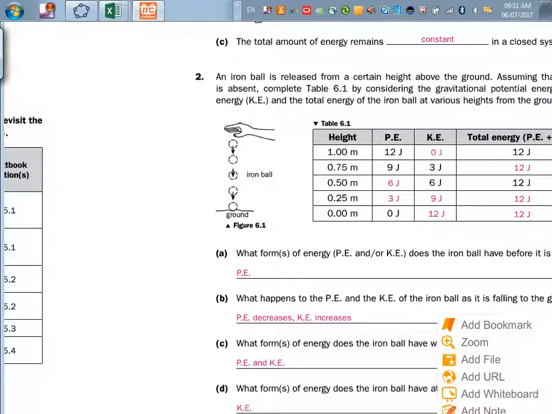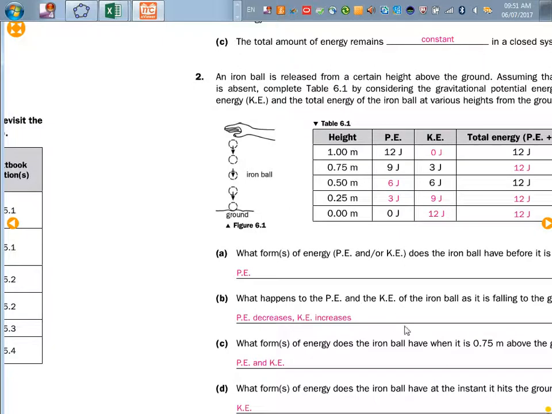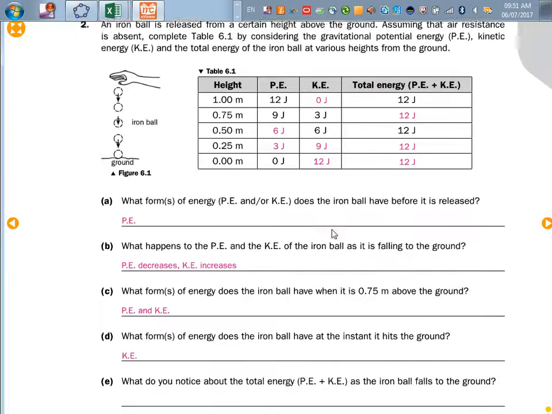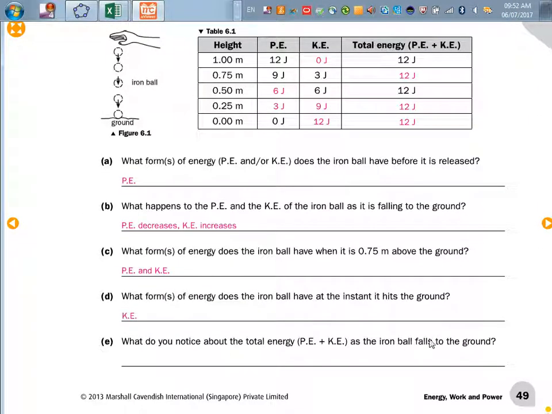When it reaches the maximum height, speed is 0. Kinetic energy is 0. Gravitational potential energy is highest. Versus, you drop the ball. Drop, hit the floor. Kinetic energy is highest. Gravitational potential energy is lowest. Alright? Okay, so what do you notice about total energy? It has to be constant.